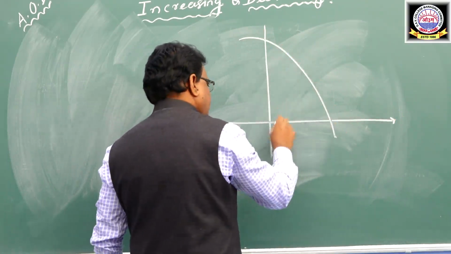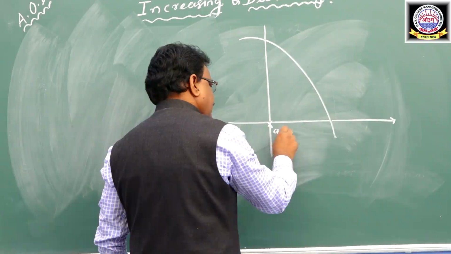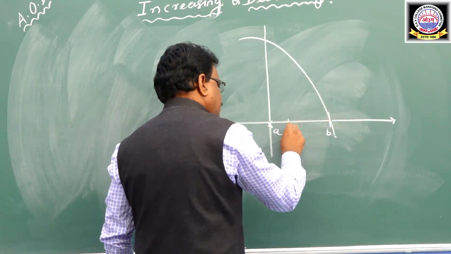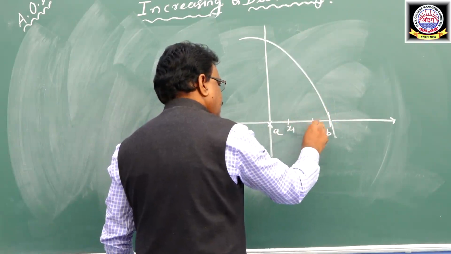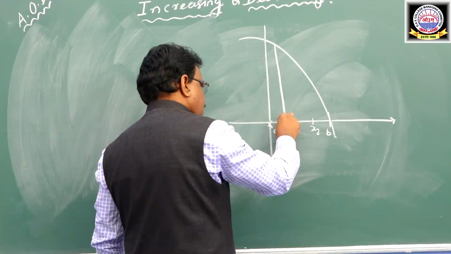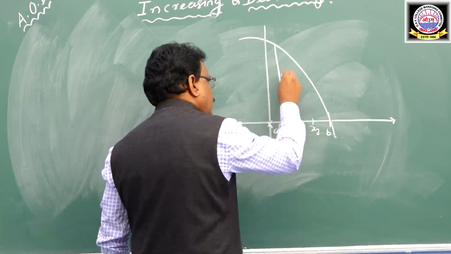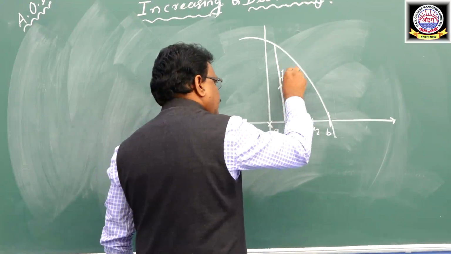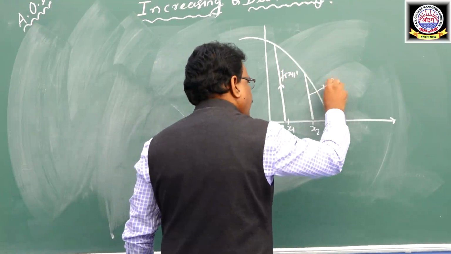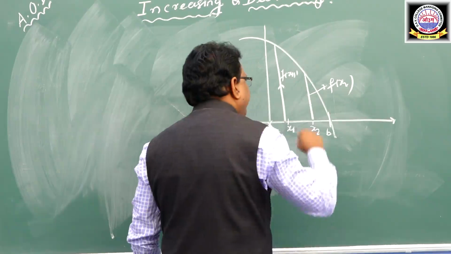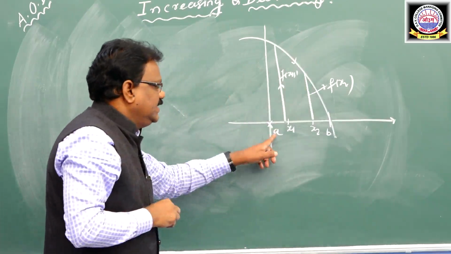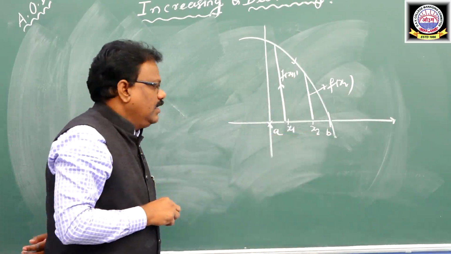Suppose this point is A and suppose this point is B, and I am choosing x1 here and x2 here. So the corresponding y value is f of x1, and the corresponding y value f of x2. So it is very clear the function is decreasing in the interval a comma b.